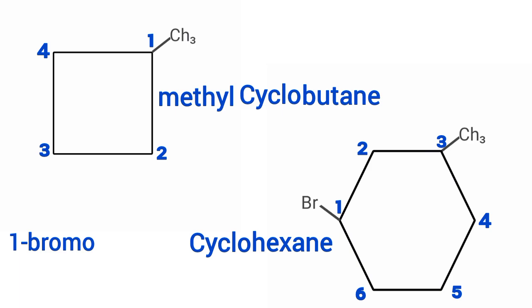This would be 3-methyl. So this is 1-bromo-3-methylcyclohexane. Remember, always write substituents alphabetically. As you can see here, we wrote the bromo before methyl.